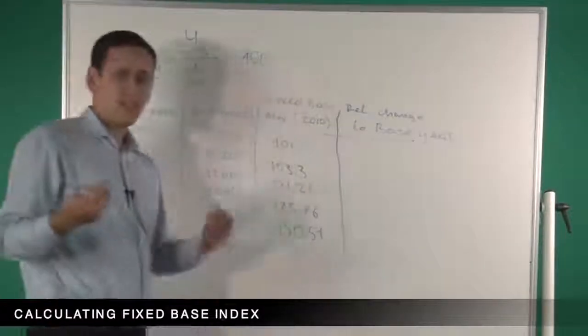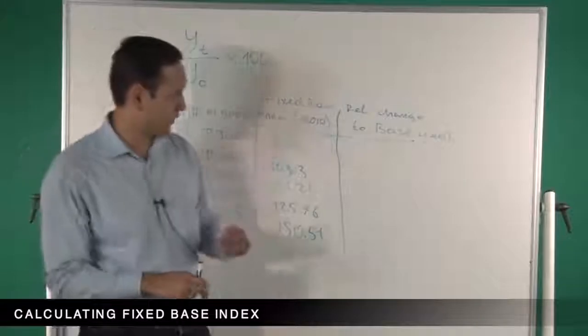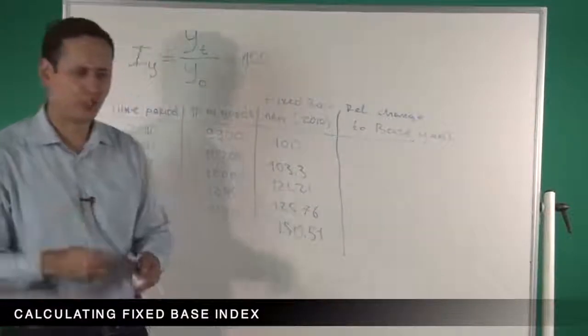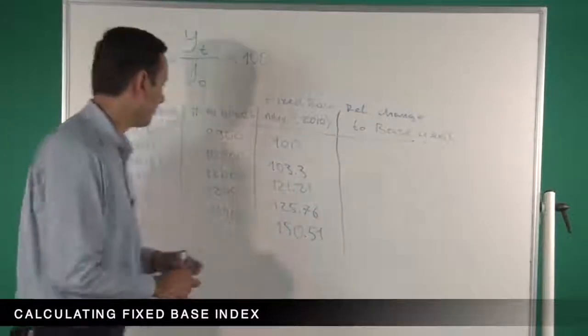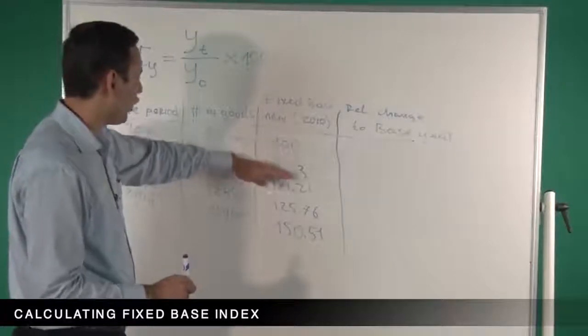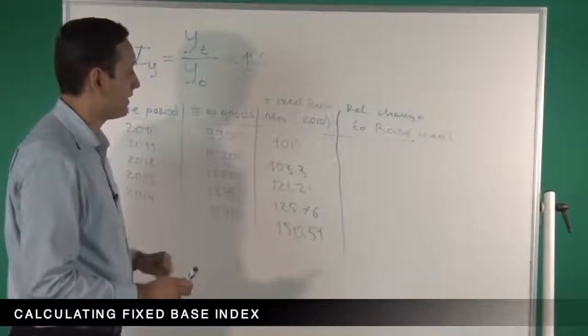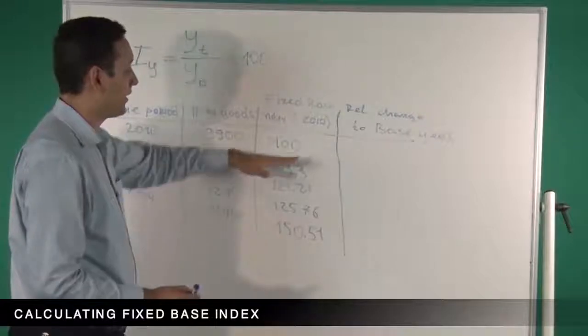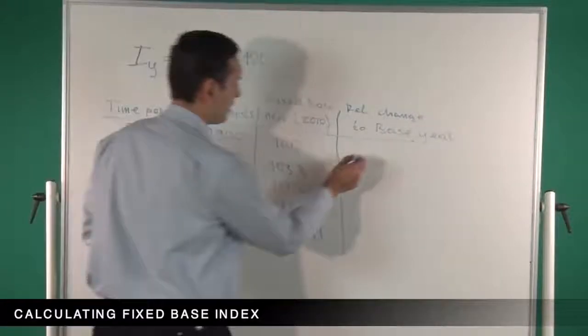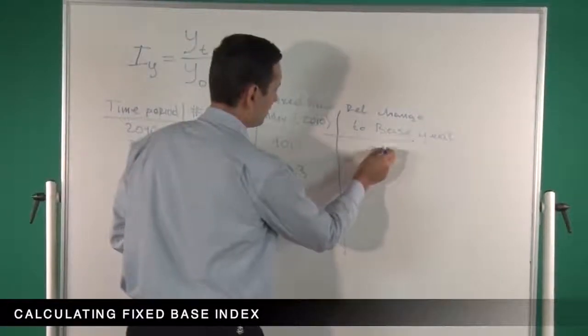2010. The next thing we may want to consider is the relative change to base year, where we just compare all these indexes with the base year. So if we compare the first one, the relative change is 0.